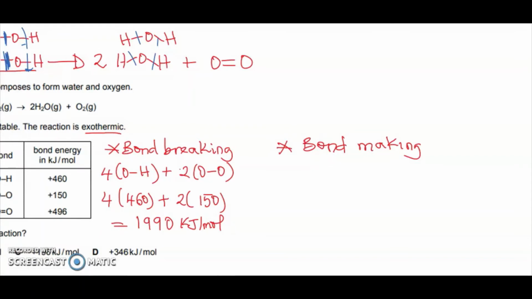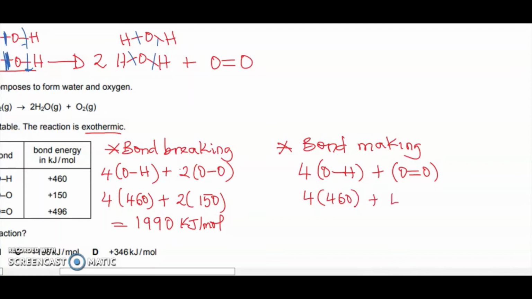So here we have 4 multiply the OH bond plus we have one oxygen bond. So let's go ahead and insert the value. So we have 4 times 460 plus 496. Of course, the values are gotten from the table over here. Don't be confused, guys. Now if we perform this operation, we're going to have 2336 kilojoule per mole.